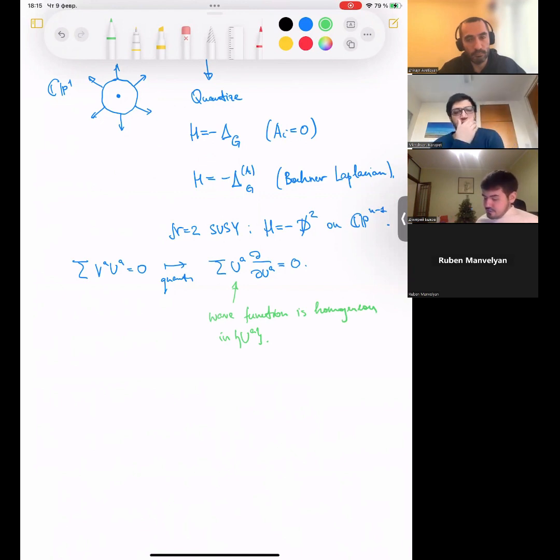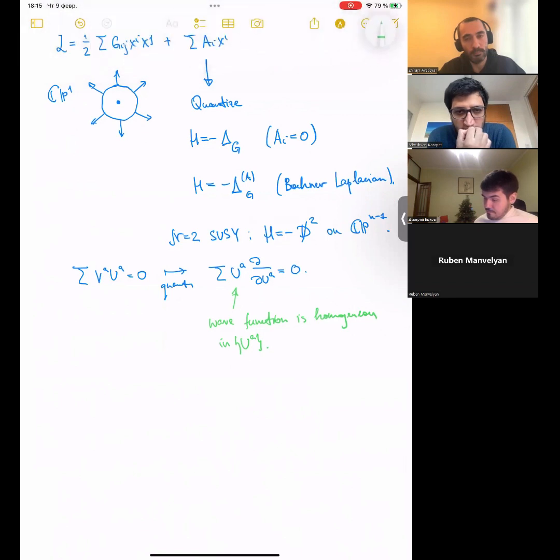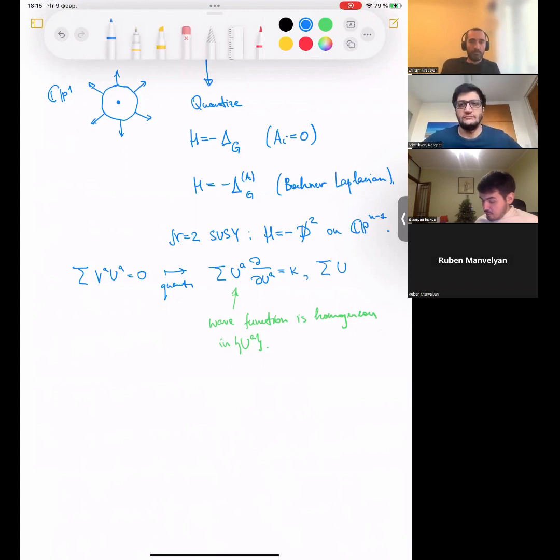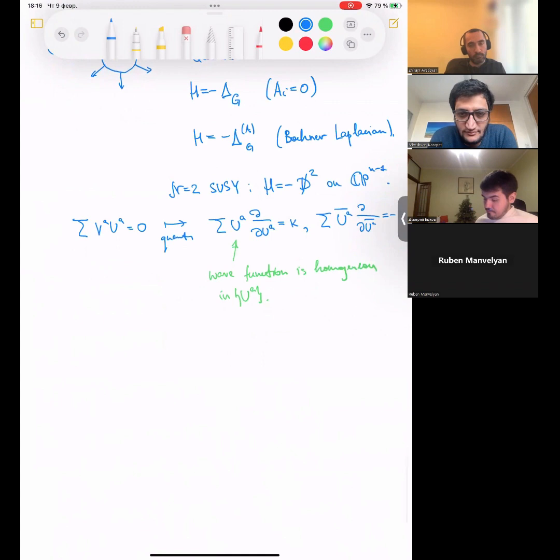If you put some integer k here, and you have an additional constraint for the barred variables with -k, then this means that your wave function is multiplied by a phase.